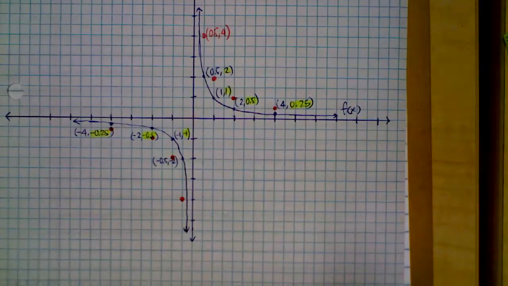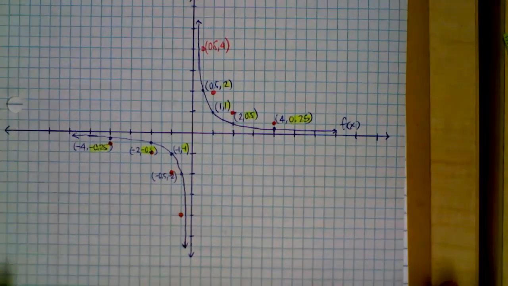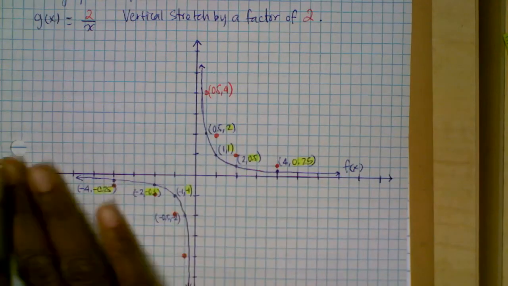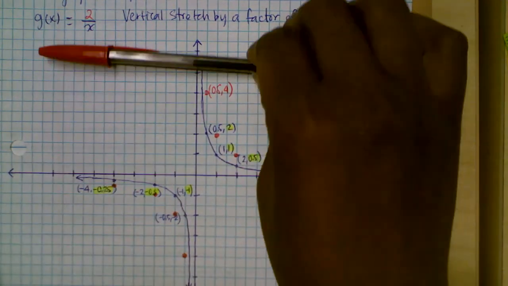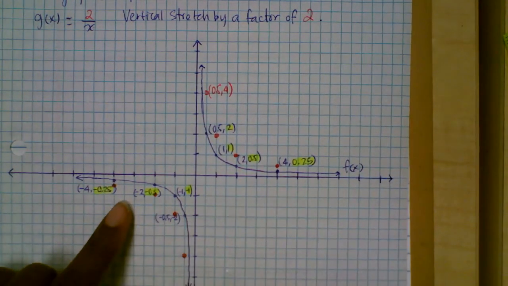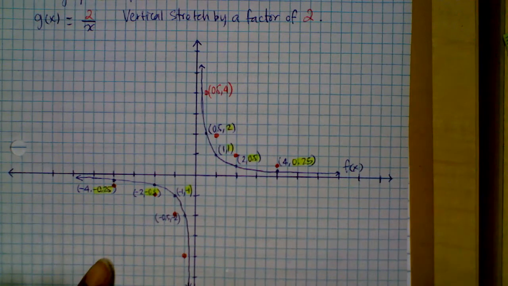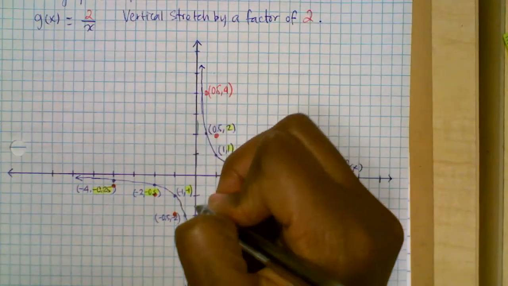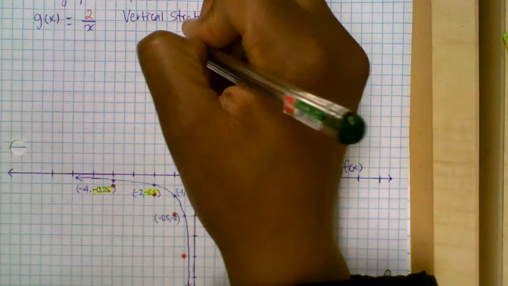Okay. Now remember, the parent function has not moved to the left or to the right, nor up or down. So we are not changing the horizontal asymptote and the vertical asymptote. They're going to remain the same. This is a vertical asymptote, which is x equals 0.